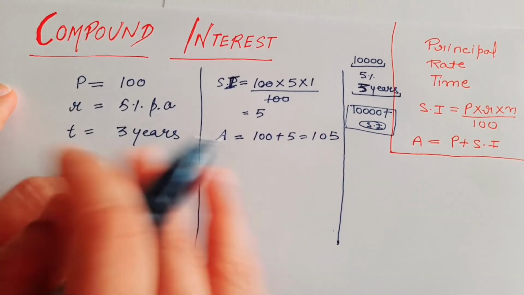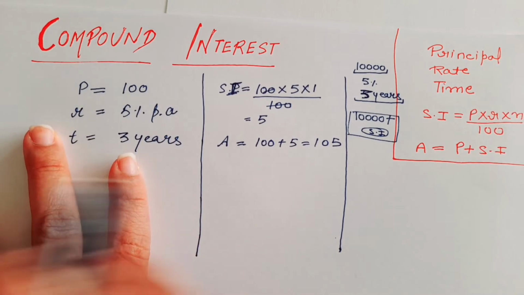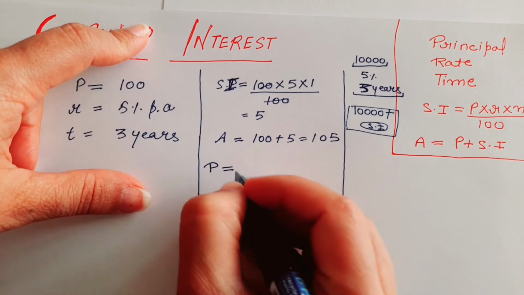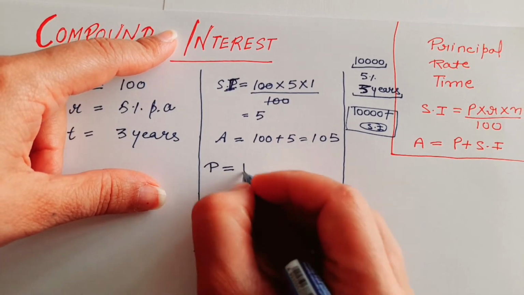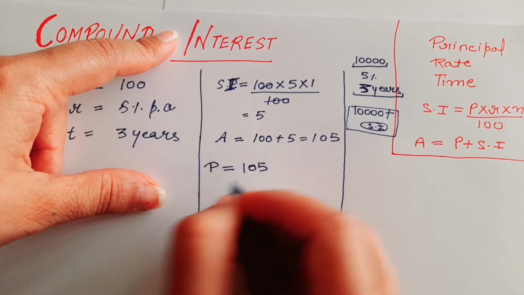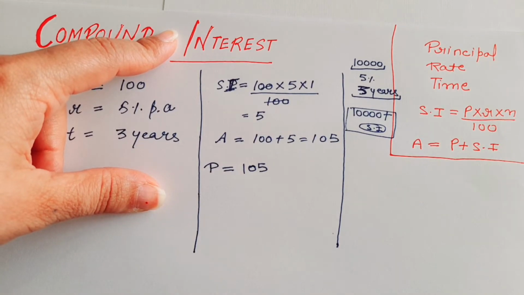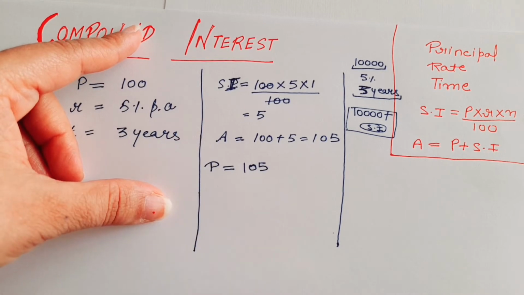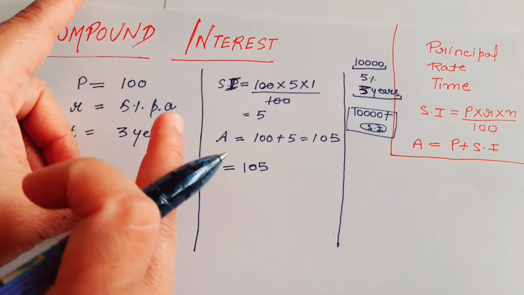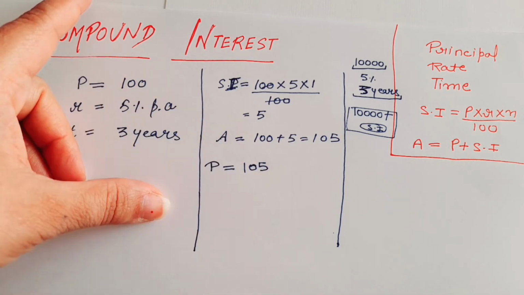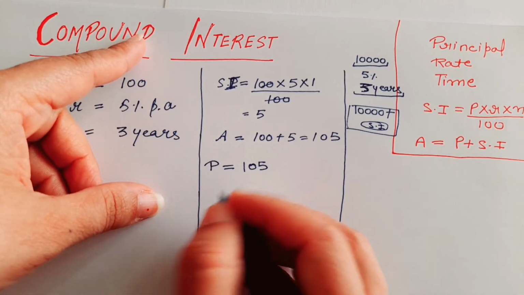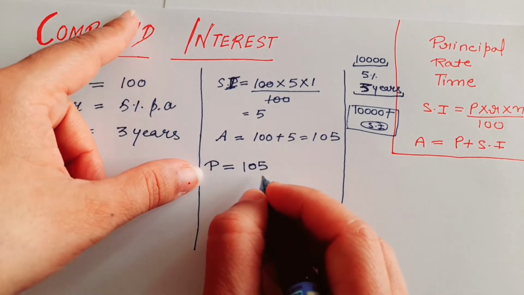Now this is the main thing in compound interest, that after 1 year you are borrowing again and the principal is 105 now. The person who is lending is in very much profit if he is lending on compound interest. And if you want to borrow, then you are at a loss if you are borrowing on compound interest, because in the second year the principal is increased now.